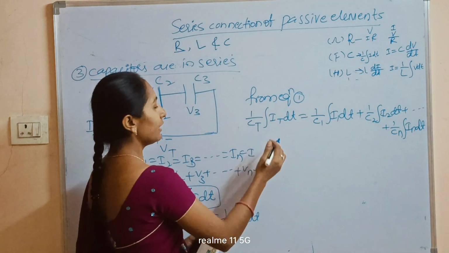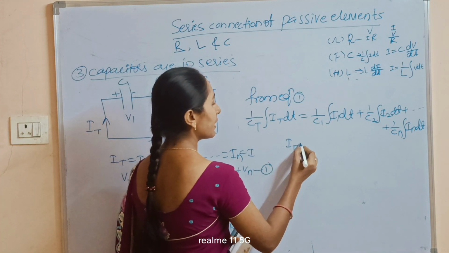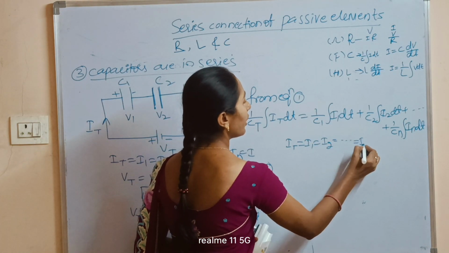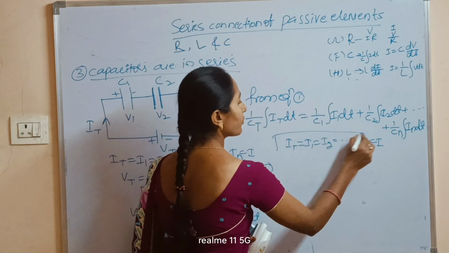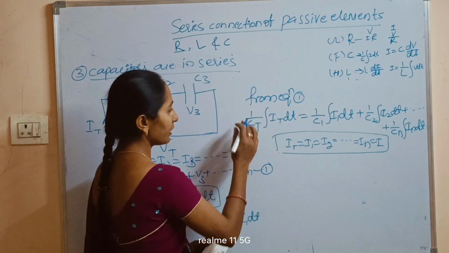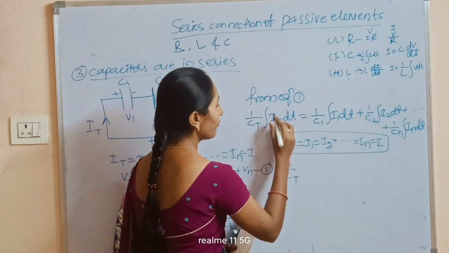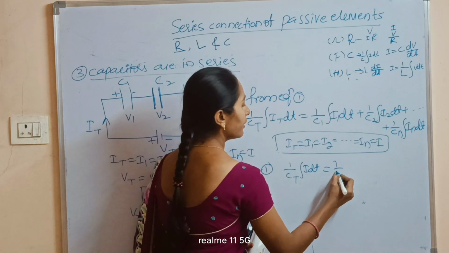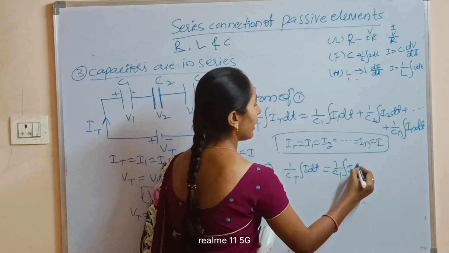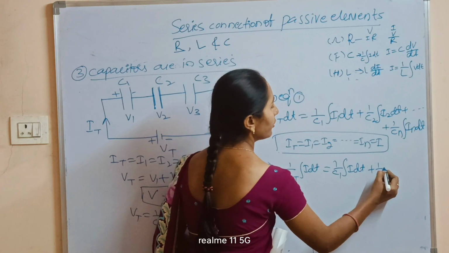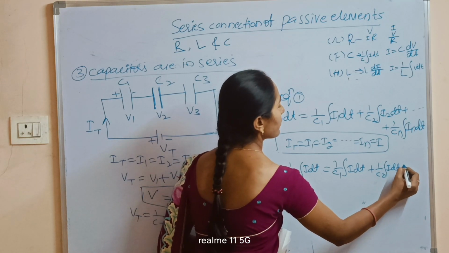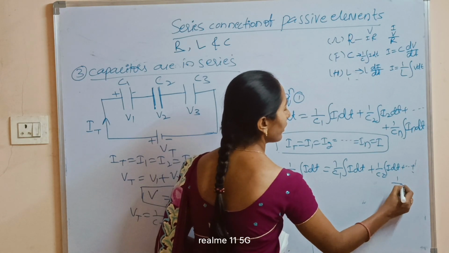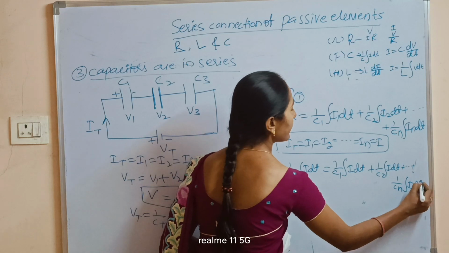Now here in a series connection, current must be same, that is I total equals I1 equals I2 equals so on equals In equals I only. So just substitute this value in this expression: 1 by C total into integration of I dt. Now coming to right hand side, 1 by C1 into integration I dt plus 1 by C2 into integration I dt plus so on plus 1 by Cn into integration of I dt.